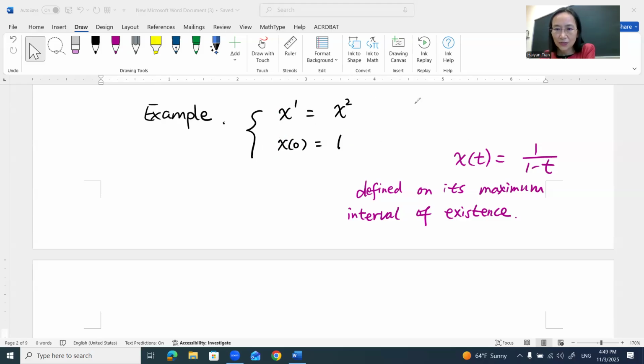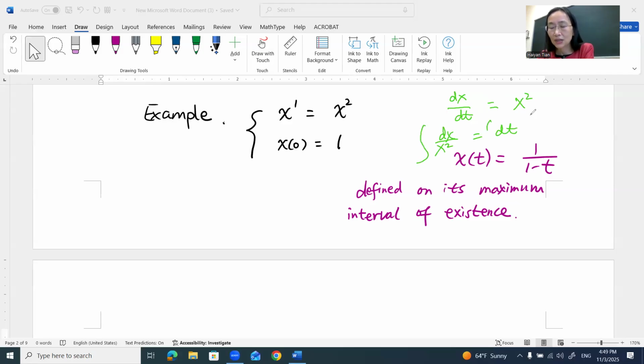So it's very easy, because the derivative of x equals x squared, so we can do separation of variables: dx over x squared equals dt, and then the x variables and t variables are separated.